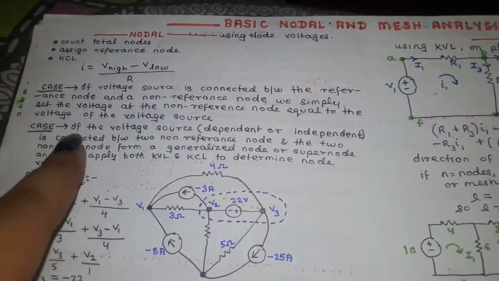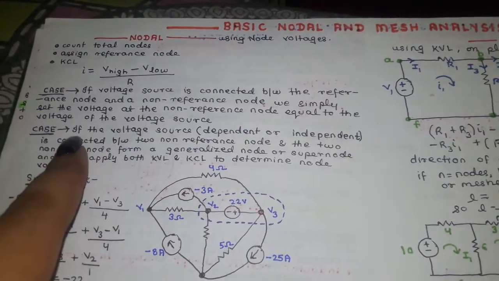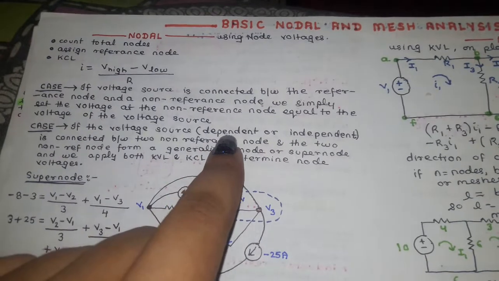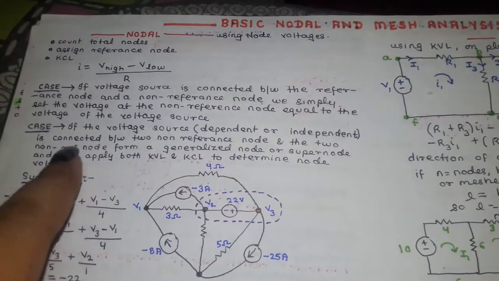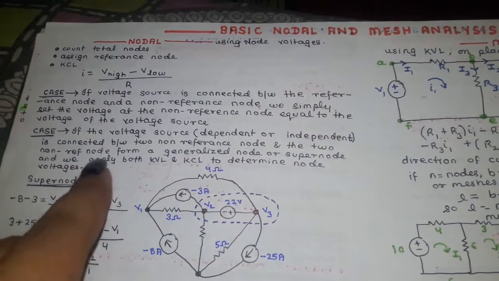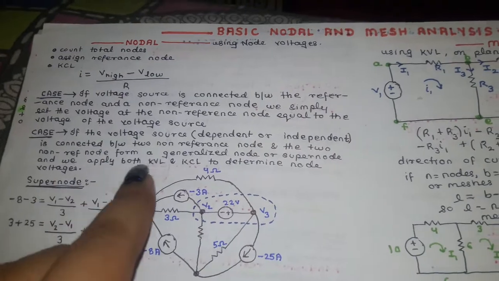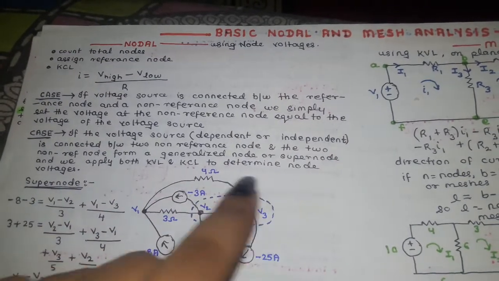We consider the non-reference voltage equal to the source voltage. In case 2, here it gets a bit complicated: if a voltage source, dependent or independent, is connected between two non-reference nodes, the two non-reference nodes form a generalized node or super node, and we apply both KVL and KCL to determine node voltages.